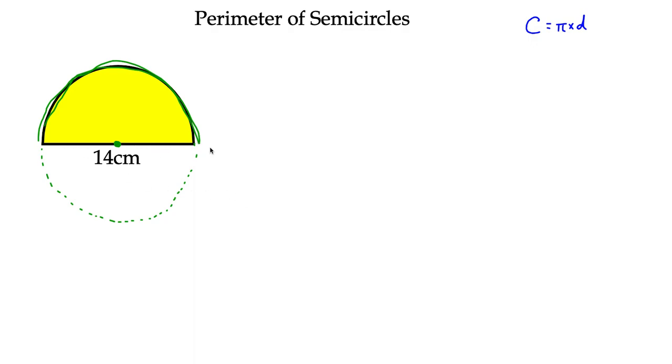So the straight edge in a semicircle is really the diameter of the virtual circle that we would complete. So there's two parts to this solution. To find the perimeter of a semicircle, we need to find the curved part, and we need to then add on the straight part.